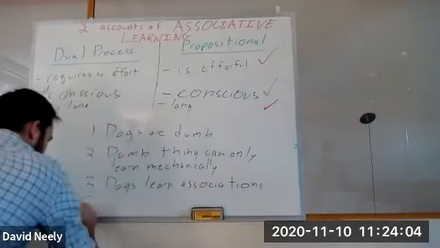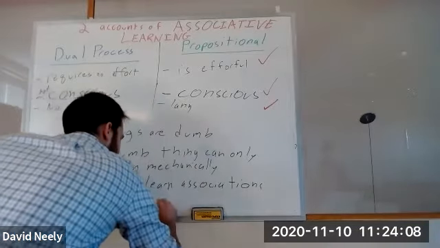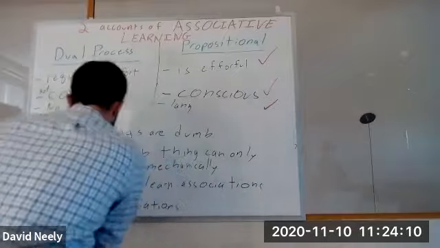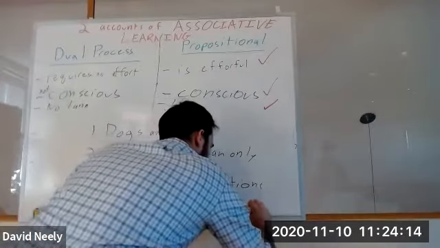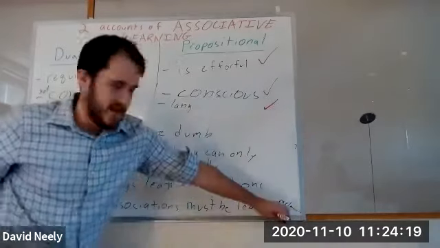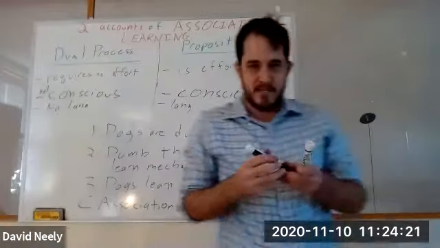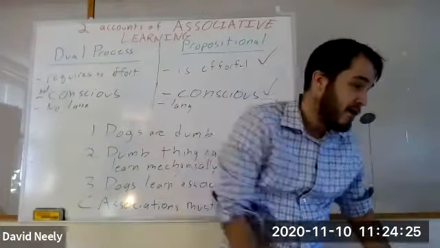So the conclusion was associations must be learned mechanically. That says mechanically in case you can't tell. So this was how the argument was supposed to go.